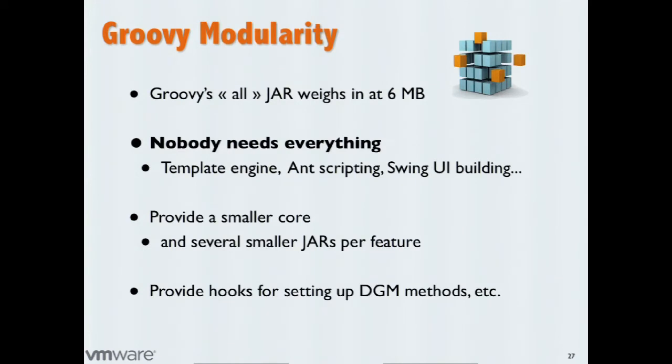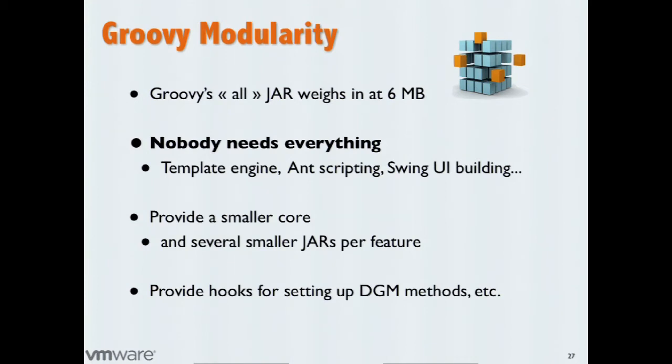People using Groovy in their projects are usually using what we call the Groovy all jar. It's a Groovy jar containing the whole language plus all the APIs, because Groovy is not just about the language, but also about the APIs provided, like a template engine, you can create Swing UIs, you can do lots of things with Groovy in a nice and groovy way.